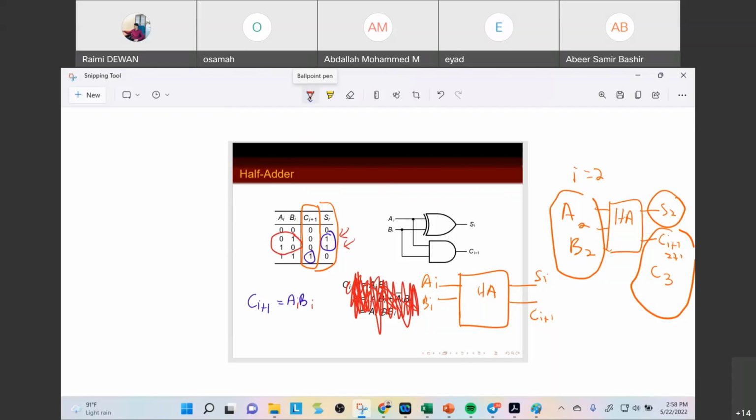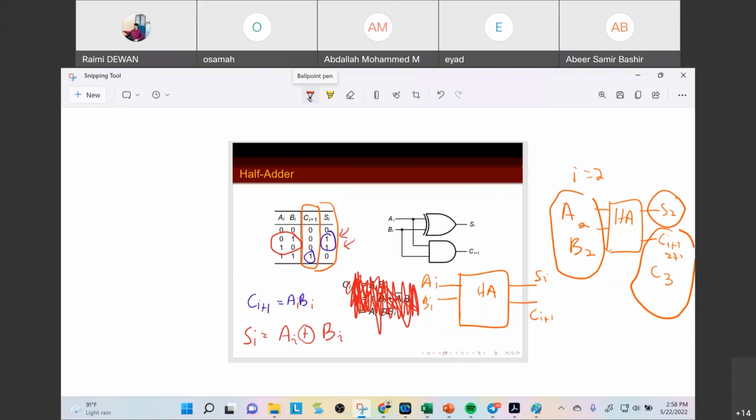Regardless of combination, it is different. For example, if this one is 1, the next one is 0. If this one is 0, the next one is 1. So this one is actually XOR. So in order to get SI, it is actually an XOR. And it can be any of the stages, whether I1, I2, I3, and so on.